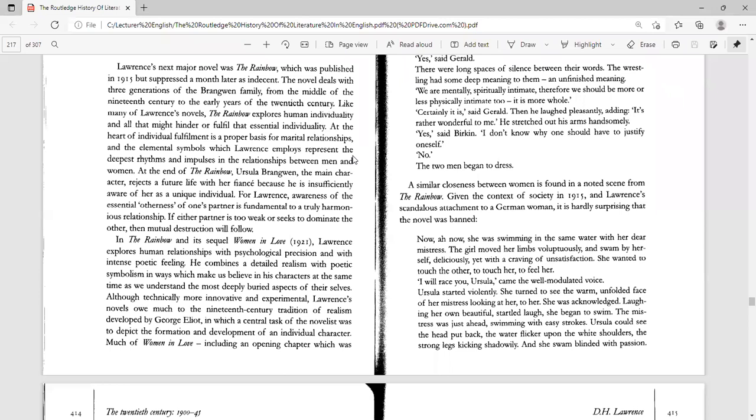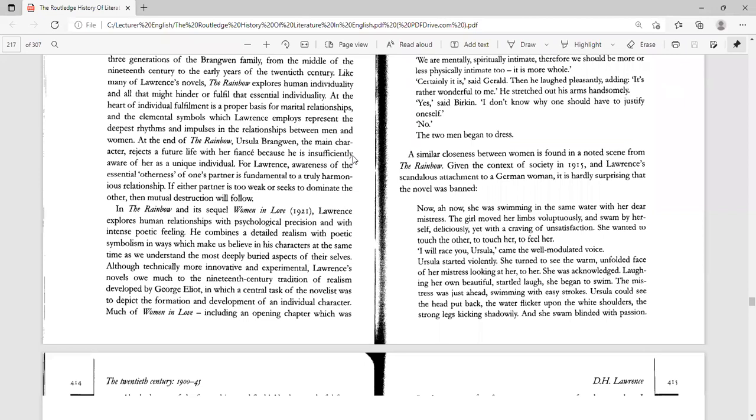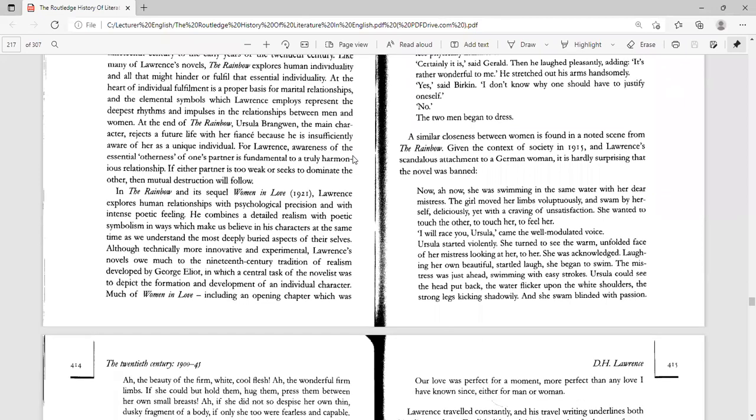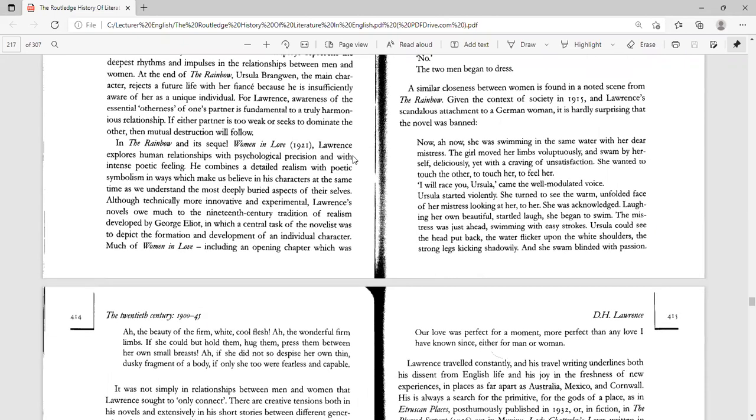In The Rainbow and Women in Love, Lawrence explores human relationships with psychological precision and with intense poetic feeling. He combines detailed realism with poetic symbolism. He was a more innovative and experimental novelist.